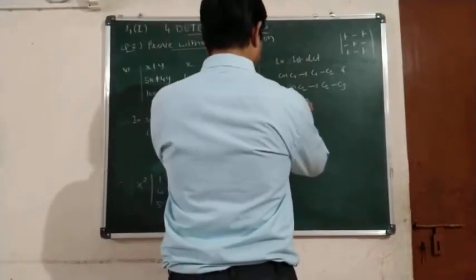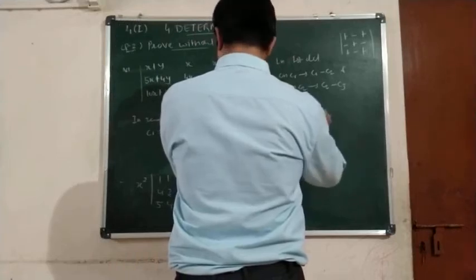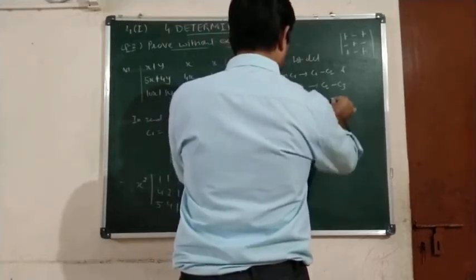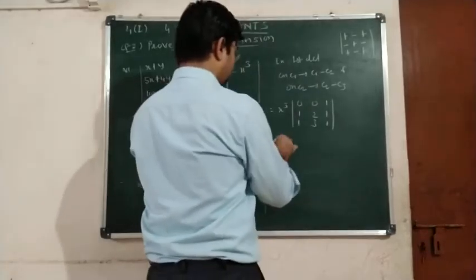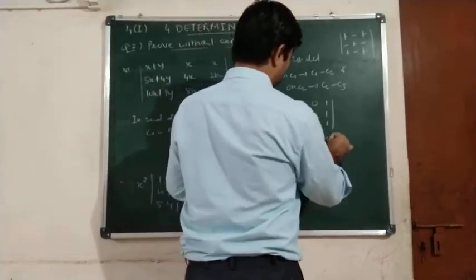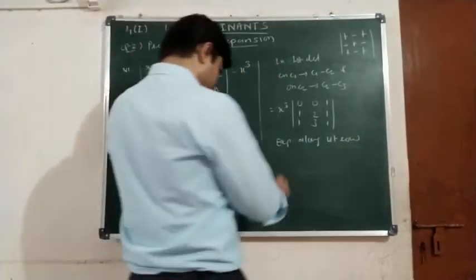is equal to x cube, 0 1 1, 0 2 3, 1 1 1. Okay, now expanding along the first row because we have got the two zeros, yes or no?